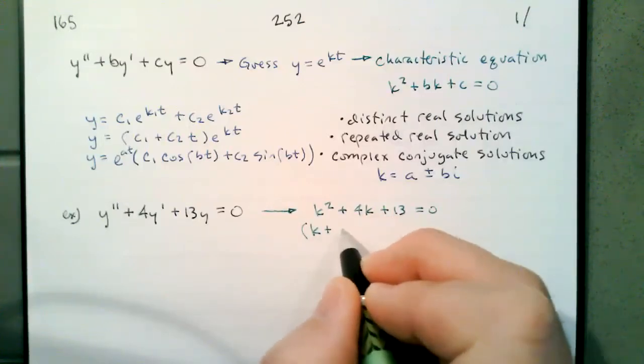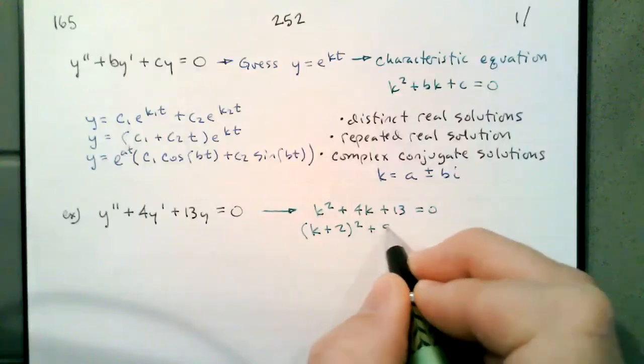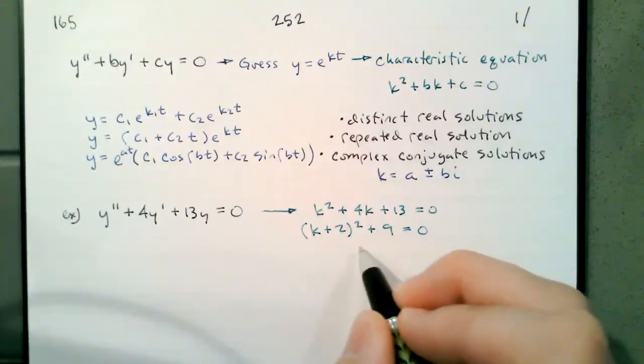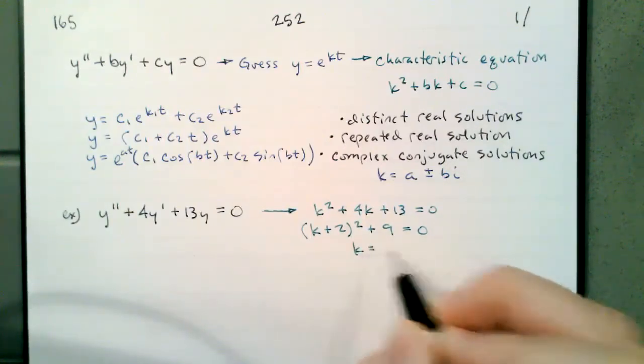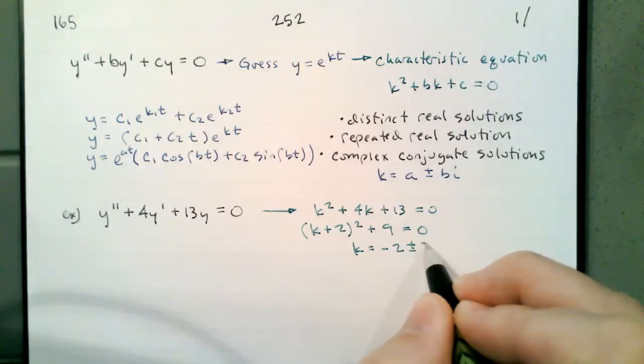And we rewrite this as k plus 2 squared plus 9 equals 0. So we complete the square. K squared plus 4k, I need a plus 4 to make a k plus 2 squared. And that, take the 4 off 13, that leaves a 9. So our solutions, k is going to be negative 2 plus or minus 3i.